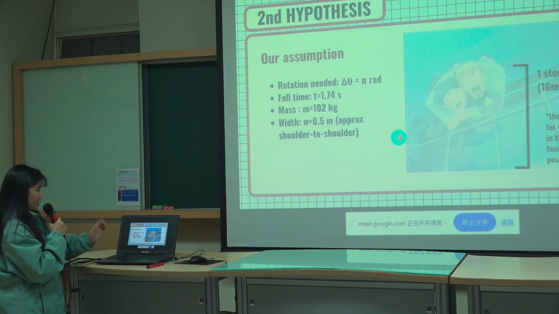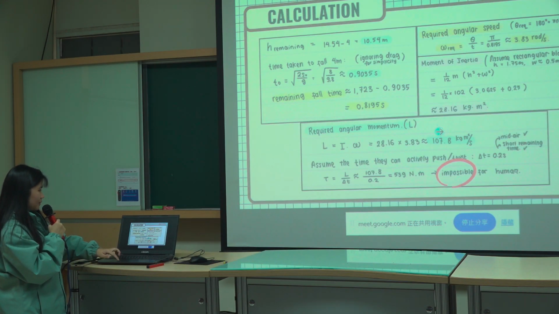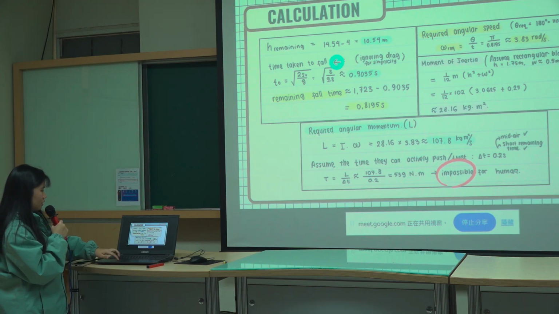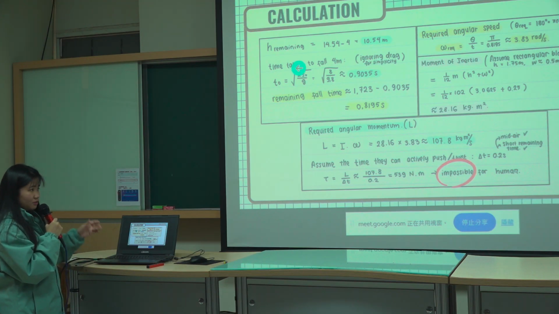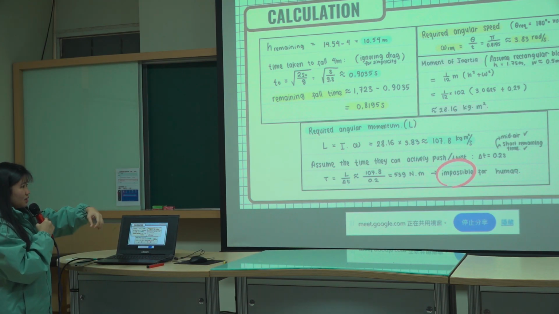We can assume without air drag. The mass is 102, and the width is approximately 0.5 meters. So I calculate from the height remaining for them to rotate, since they are already facing the ground after 4 meters.